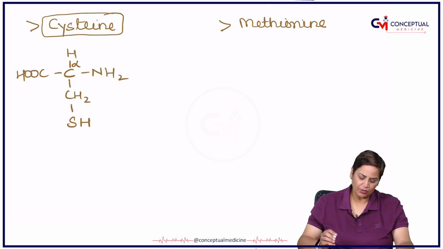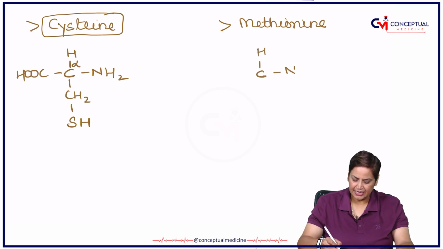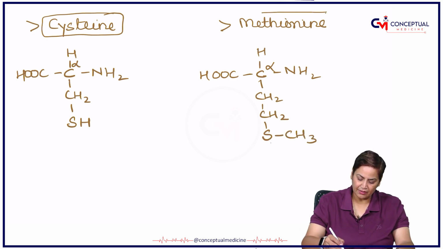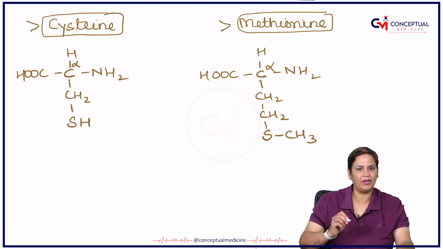And if we talk about methionine, methionine has the same structure, but the alpha carbon here is connected with CH2, CH2, SCH3. So this becomes the structure of methionine.